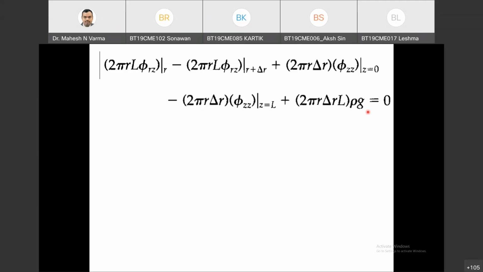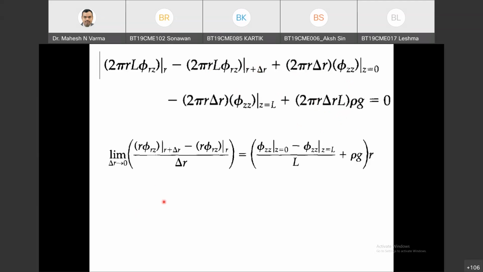Now hereafter it is just mathematics. You need to rearrange the equation, so I will be dividing this equation by all constants. This r is not a constant, so don't change the location of r. All constants means 2 is constant, pi is constant, L is constant. Divide by constants and rearrange the equation such that I get a differential equation with respect to r, using the definition of differentiation.